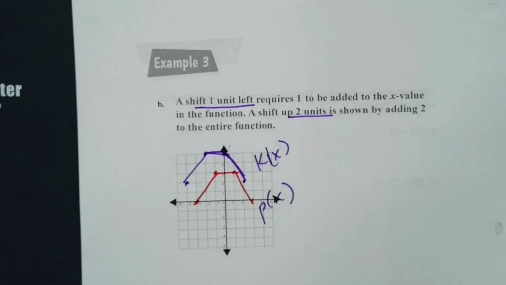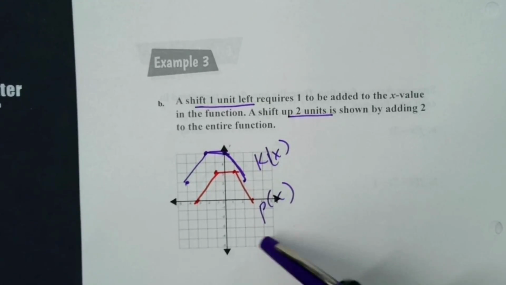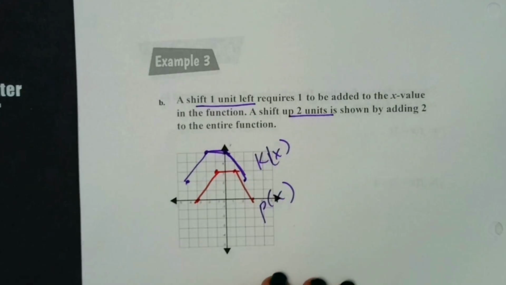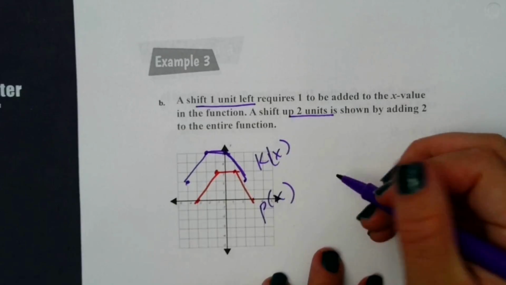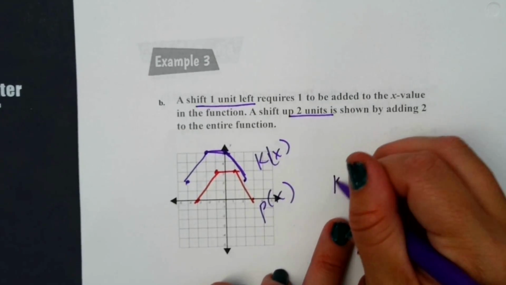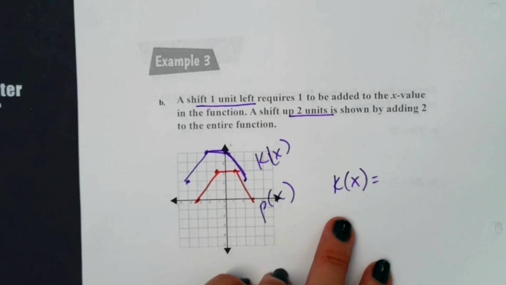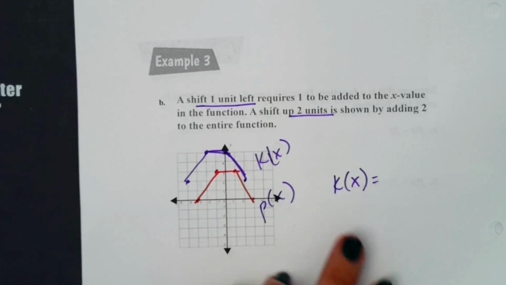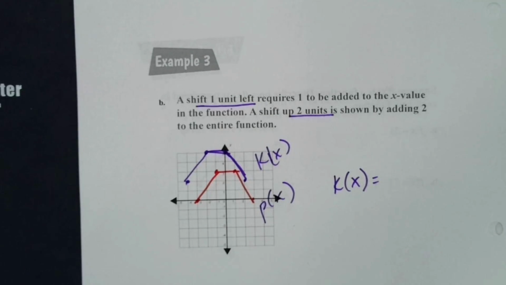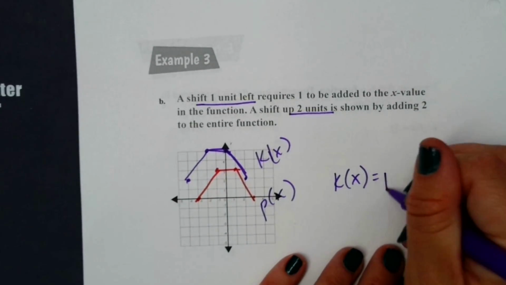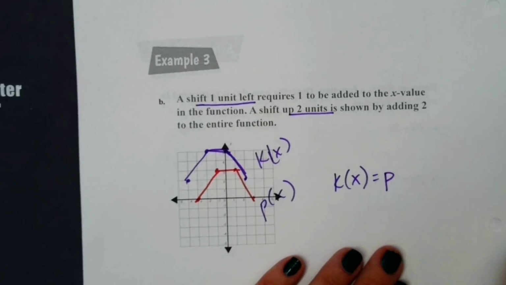If I wanted to write a rule for everything that just happened here in B, how would I do that? So this is K of X, the new one. And what did I do? Well, I got to hit my P first, right? Did I move left or right?